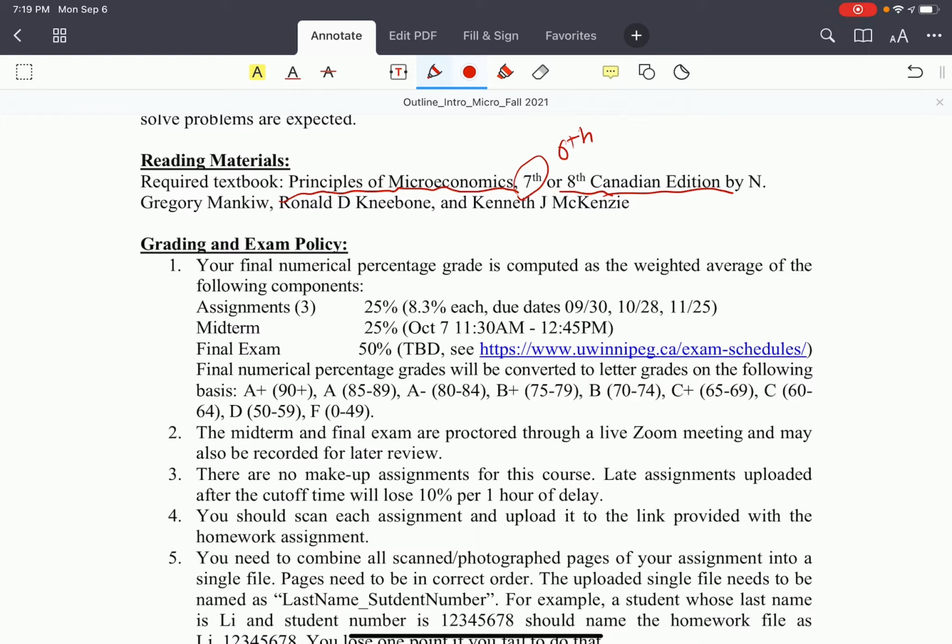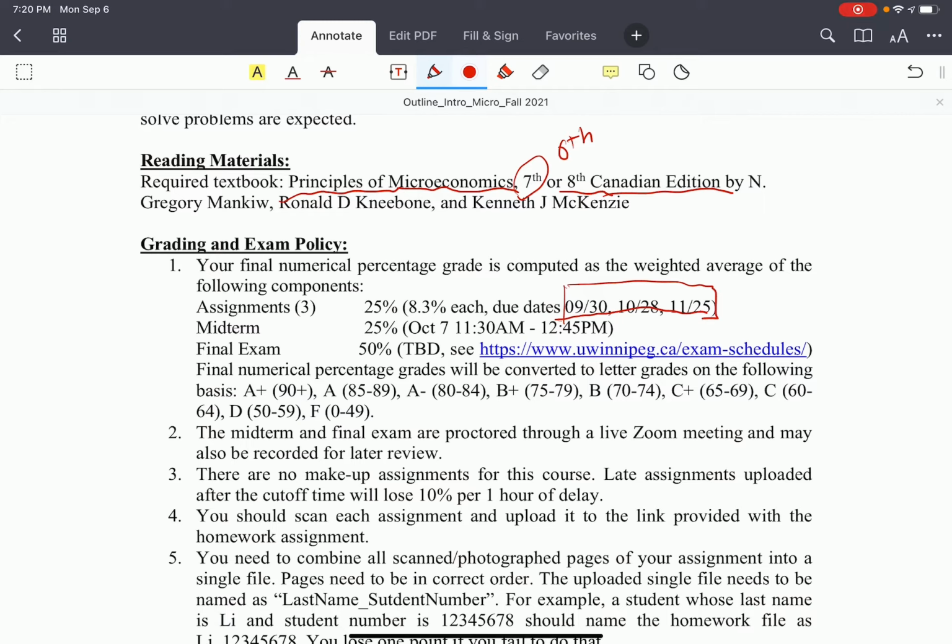And because we have 3 homework assignments, for each assignment the percentage is about 8.3%. The due dates are at the end of each month. To be more specific, you can see that September 30th, October 28th, and November 25th.